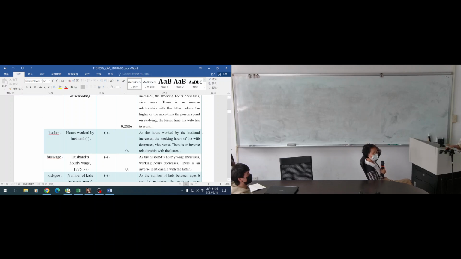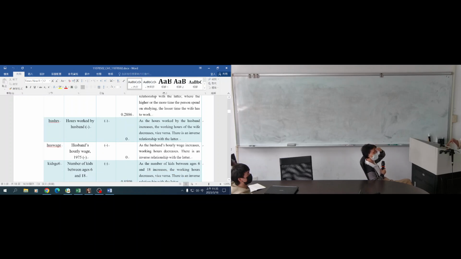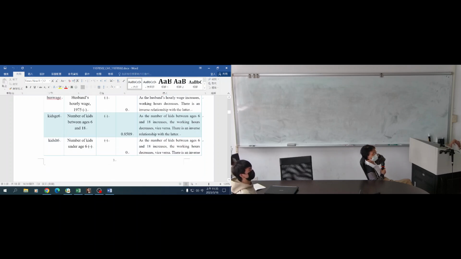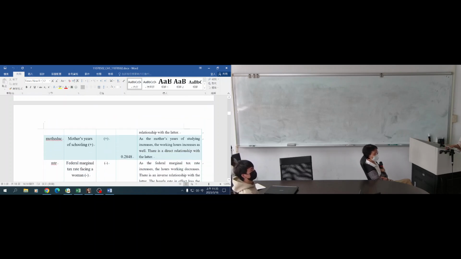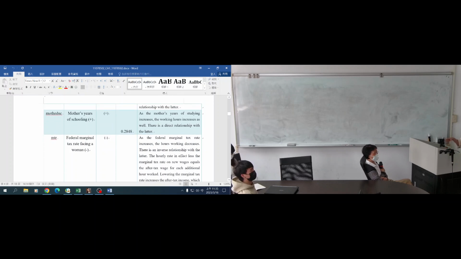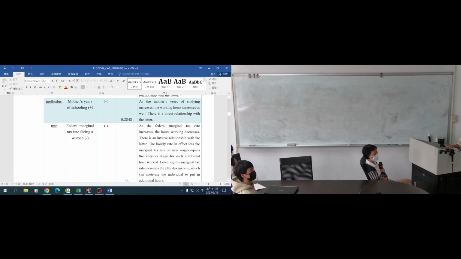For the husband's hourly wage, it's also the same. For the number of kids between ages 6 and 18, also the same, and also for the number of kids under the age of 6, and for the mother's years of schooling. For the federal marginal tax rate facing a woman, this one is really suspicious, but it got the same sign.